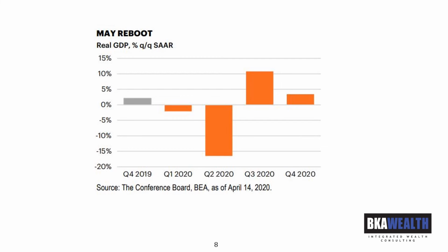But conversely, as we're opening up the economy and getting our sea legs back, in the third quarter we're actually up 10 to 12%, and then in the fourth quarter, we're up perhaps 3 to 4%. So we're showing the effects in the third quarter of a bounce back, and then a little bit more of a muted kind of growth moving forward throughout the fourth quarter.